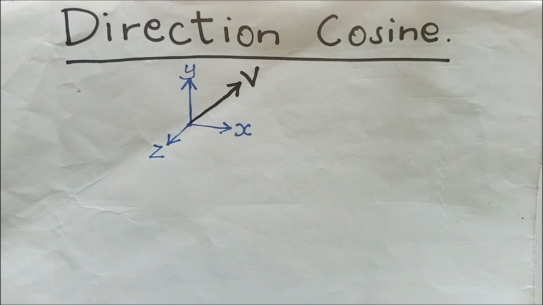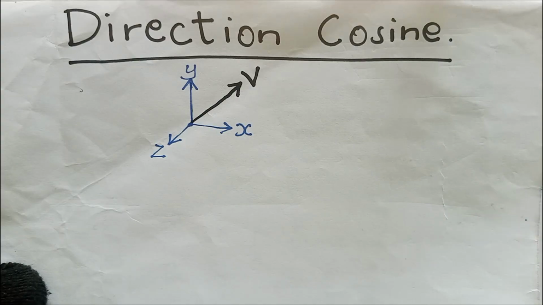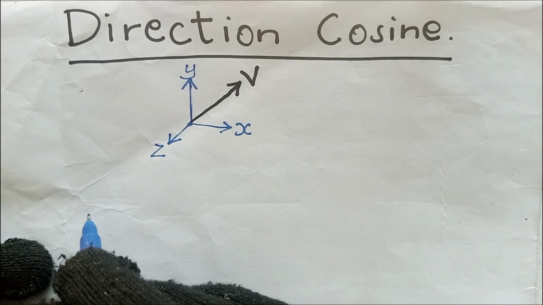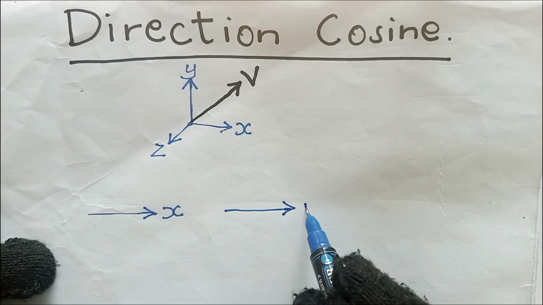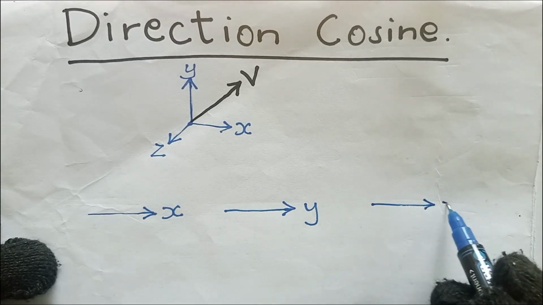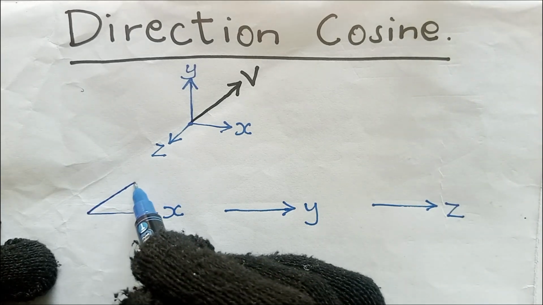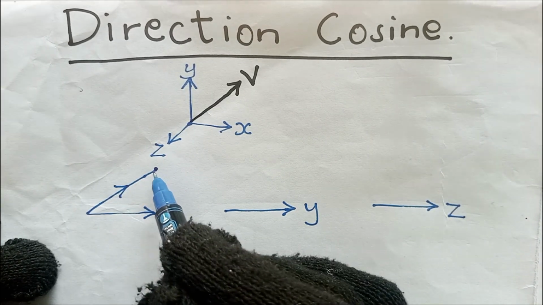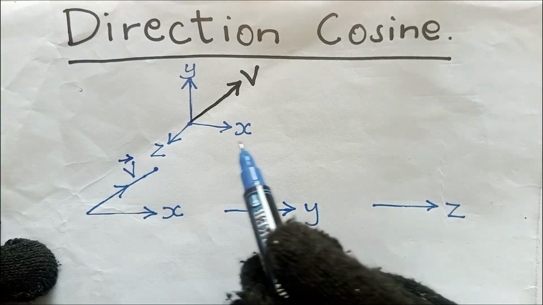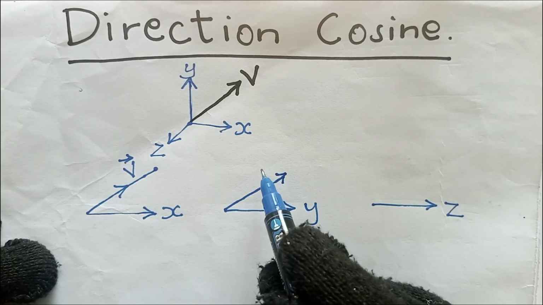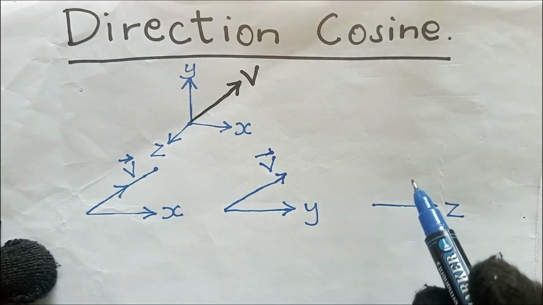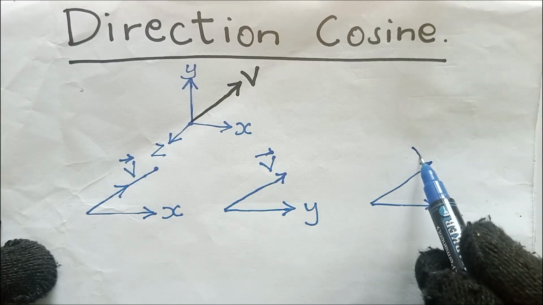Now, if you draw the vector separately with each axis, you'll end up with something like this. So assuming this is the x-axis, this is the y-axis, this is the z-axis, and this is our vector v. Again, this is our vector v, and this is the same vector v.